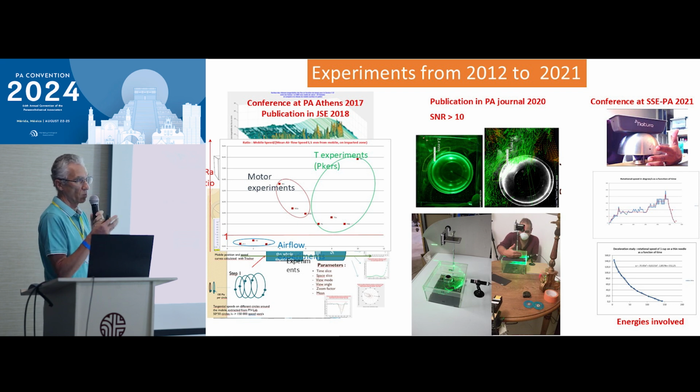The idea was to compare the speed of the airflow to the speed of the target. If the target is spinning faster than the airflow, we could say that it's not the air which is causing the movement of the target. We made some tests and compared three scenarios. The first was the airflow experiment, using a pump pushing air to try to move the target. The second was to use just a motor to run the target.